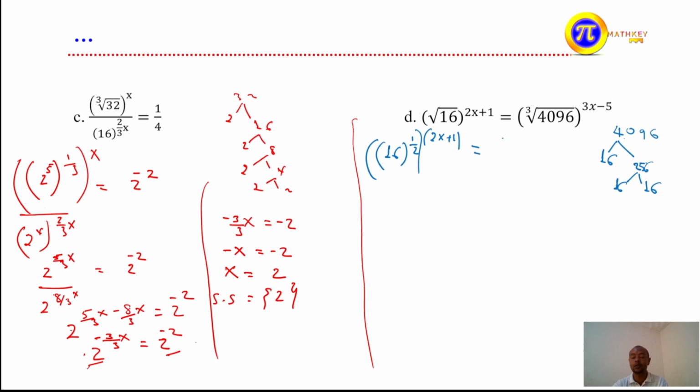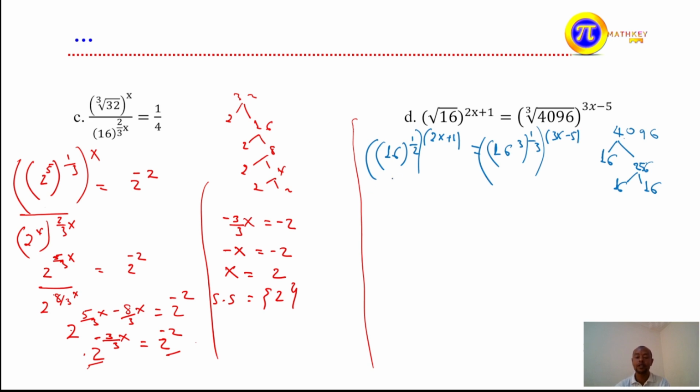Again we express 4096 with base 16, which is 16 to the power of 3, the whole to the power of 1 over 3, again with the power 3x minus 5.